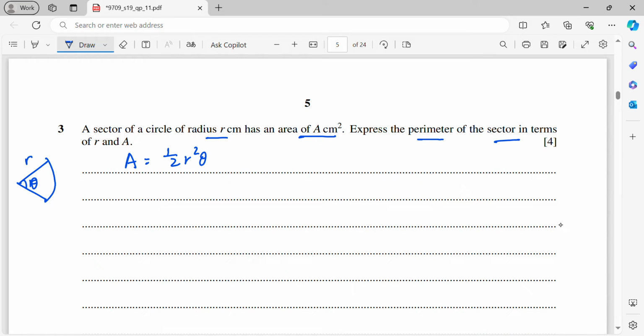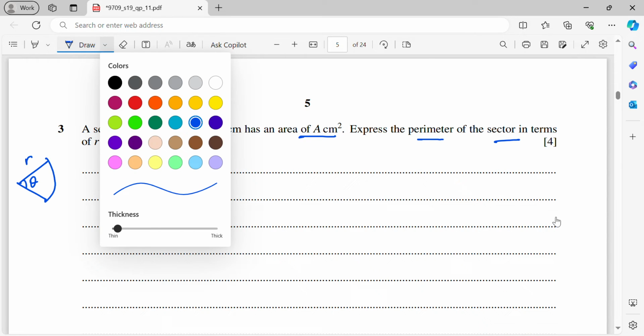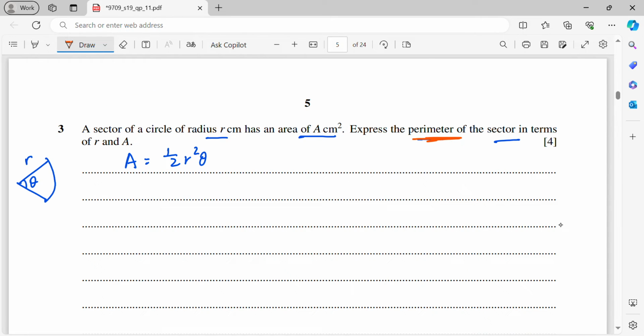And now the theta is not given in the question, but you are given the area is A. Therefore, from here I can find my theta. Because later on you need to find the perimeter of the sector in terms of R and A, so I need to know what is my theta. Therefore, my theta is basically A over, this R squared move it down, then the 2 move up.